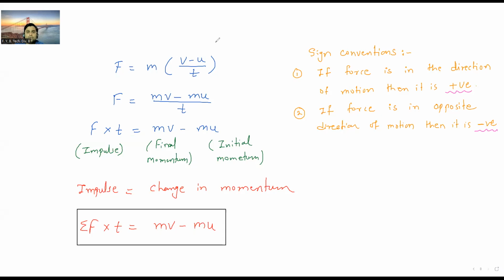So we will take the numerical on this impulse momentum. That's all. A block of weight 1500 Newton is in contact with level plane.